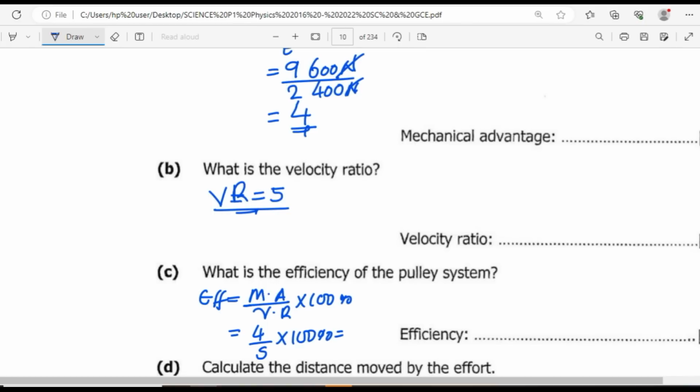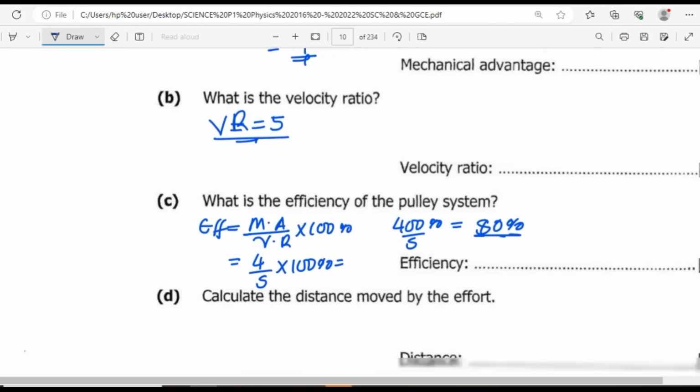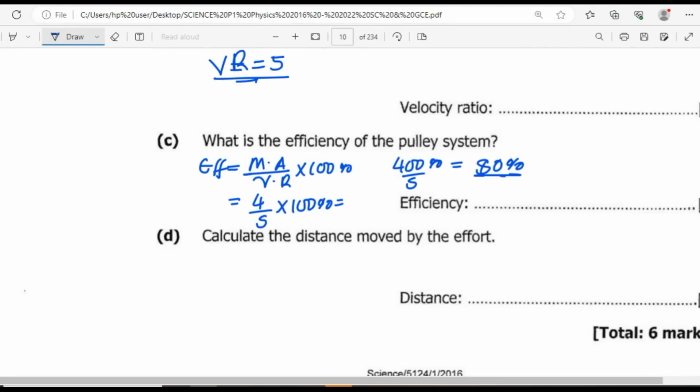So 4 times 100 will give us 400% over 5. 5 into 400 will give us 80%. So sometimes you may be given a percentage and asked to find the efficiency. So it's the same. You are given efficiency and maybe asked to find mechanical advantage or velocity ratio. So you can just use this formula.